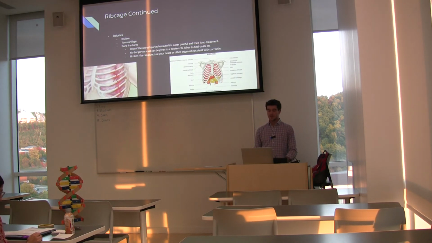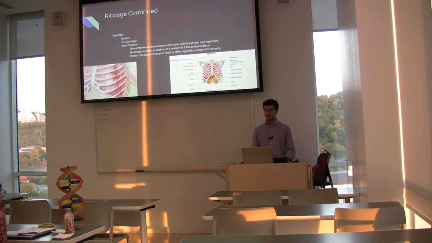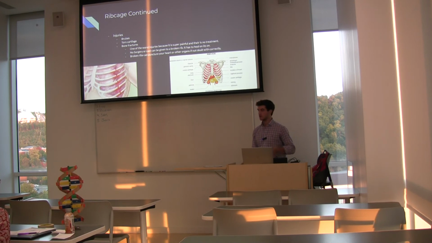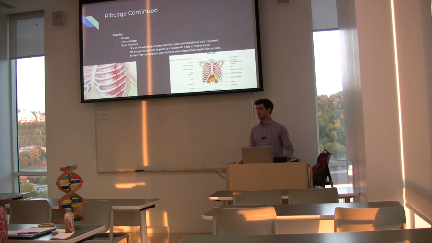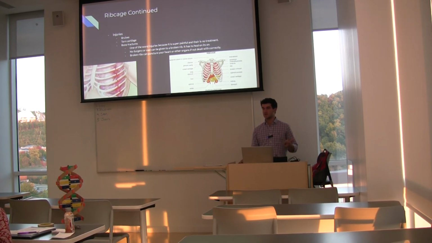And then some common injuries are bruises, torn cartilage, or bone fractures. One of the worst injuries can be a broken rib because there's no treatment for it. You can't get surgery for it. You don't get a cast for it or anything. It's kind of just there, and you have to wait for it to heal.